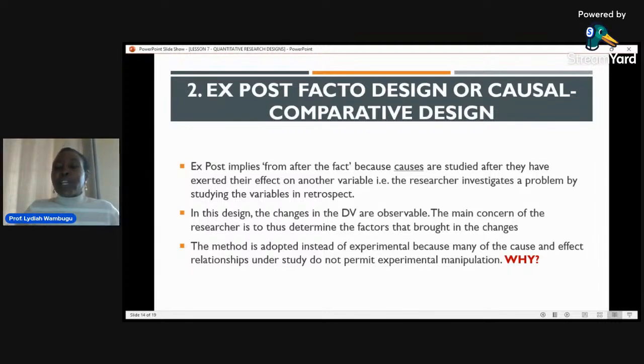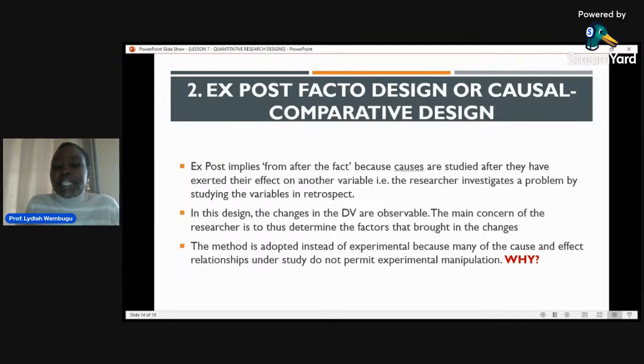So something has already happened, and we are asking ourselves, what could be the cause? What are the factors that brought it? This cause, I have underlined it. It should also be in quotes because it is not really what caused it. Because when we discuss experimental, we will be talking about how do you ensure causality? How do you ensure causality?